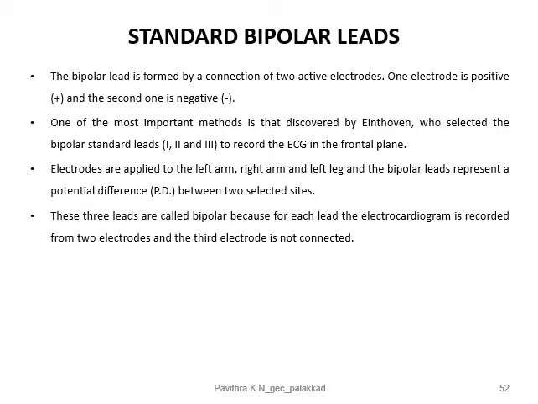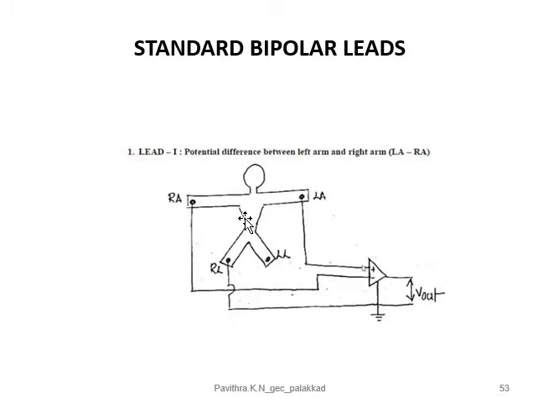So here in the figure you can see lead 1, that is the potential difference between left arm and right arm. Okay, so one active electrode is placed on the right arm and the other active electrode is placed on the left arm, and the left arm electrode is positive and the right arm electrode is negative.